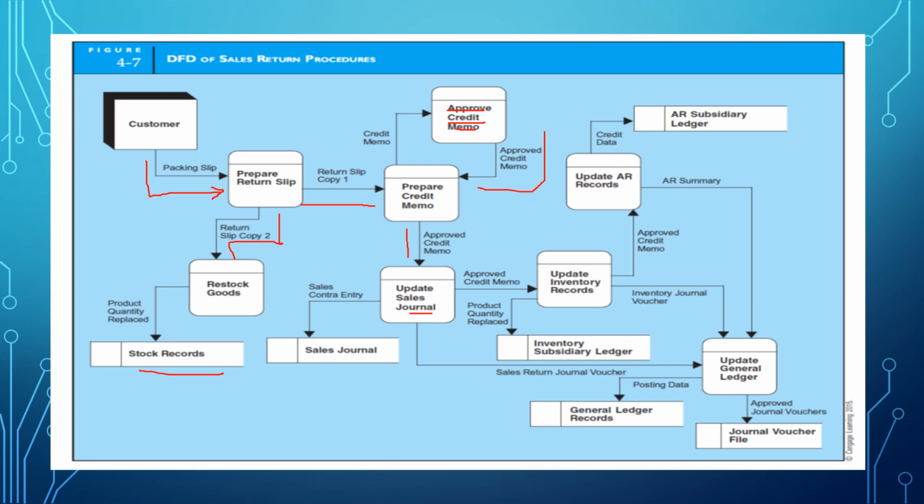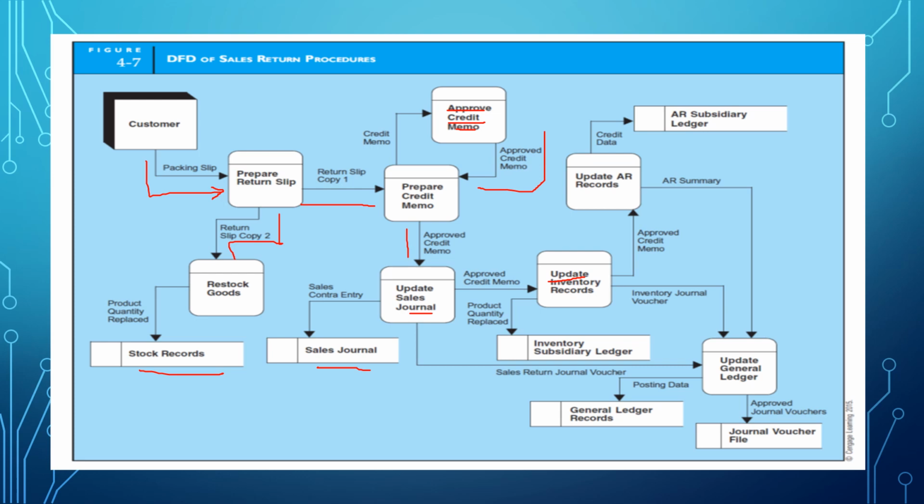In updating the sales journal, for sure we need to update the sales journal file, as well as the related accounts related to the sales return, which is updating the inventory record as well as updating the account receivable.